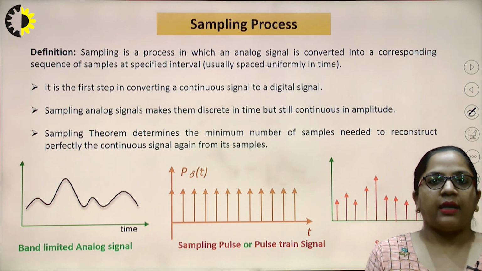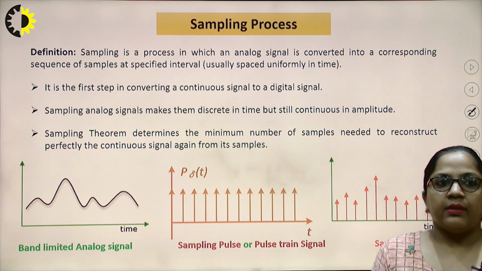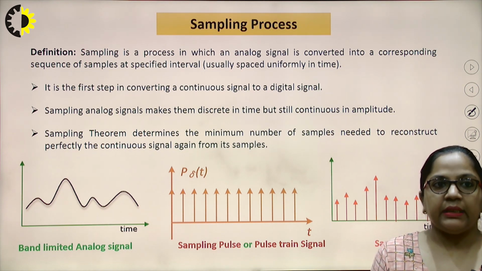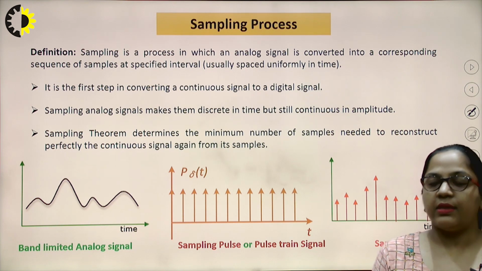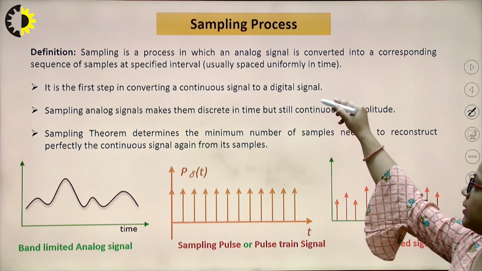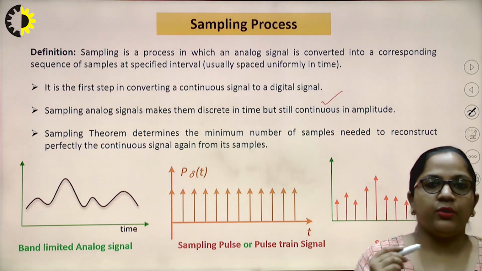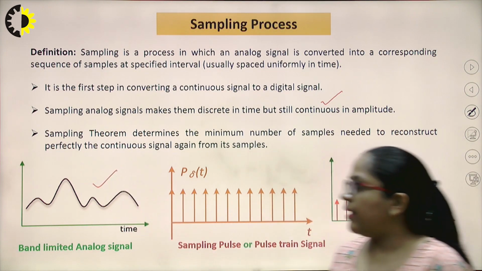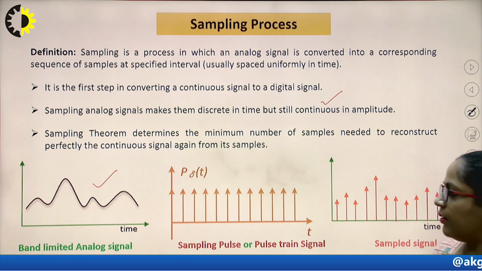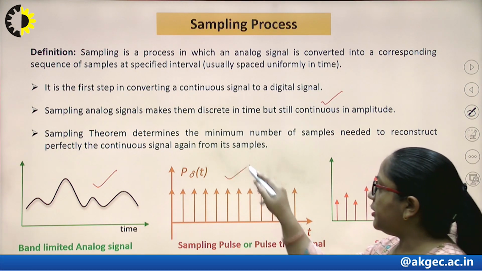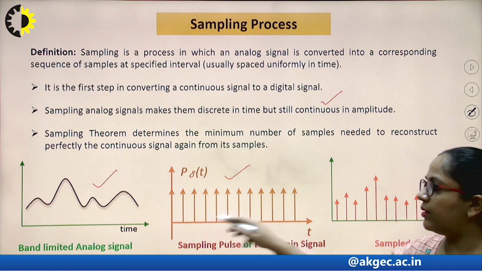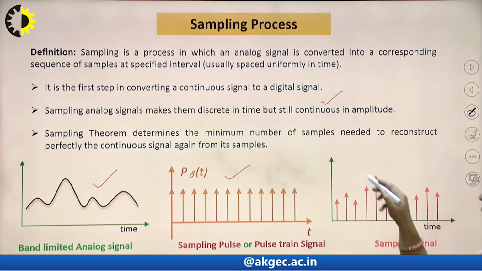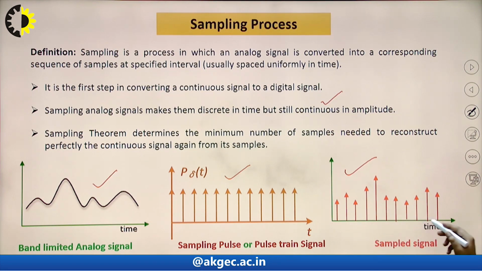After performing the sampling of the analog signal, the signal becomes discrete in time, but it will still remain continuous in amplitude. In case of sampling, if we have a continuous time analog signal, then first we select a train of pulses at regular time intervals. We multiply both of them, and at the output we get the sampled signal.